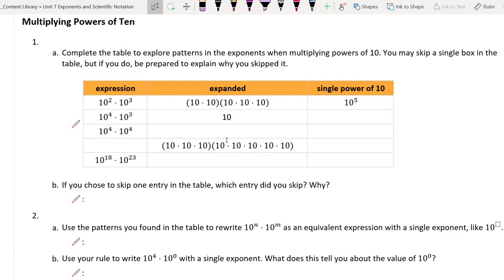So 10, I'm going to use the X. So this is the first part. There's the third part, or second part, excuse me. So then 10 to the 7th.